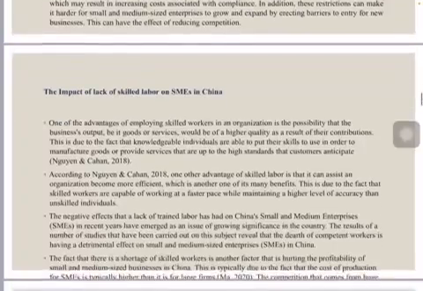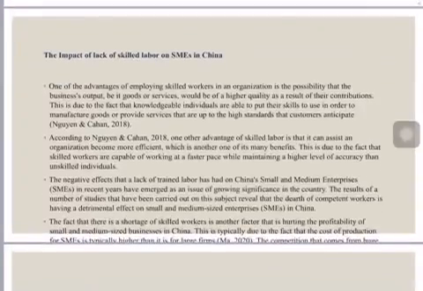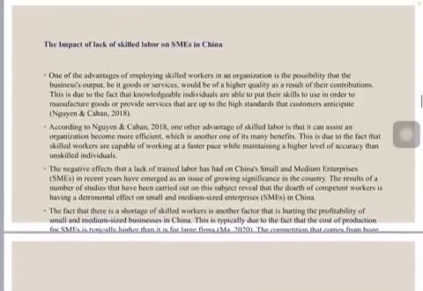This is about the impact of lack of skilled labor on SMEs in China. One of the advantages of employing skilled workers in an organization is the possibility that the business output, be it good or service, could be of higher quality as a result of their contributions. According to Nick and Chen Han, another advantage of skilled labor is that it can assist an organization to become more efficient.